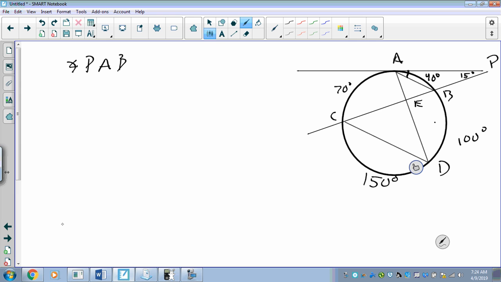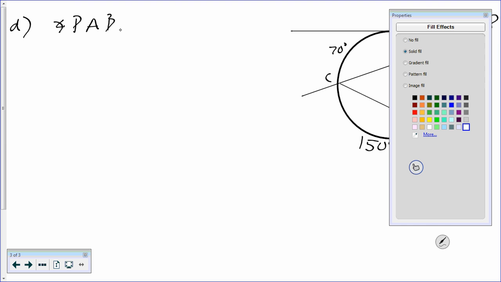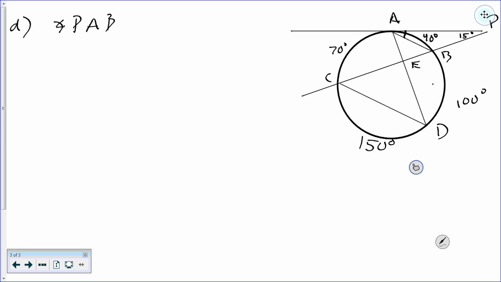All right, so we're finding PAB. I believe this is part B, question B. So PAB is equal to 1/2 of the intercepted arc, okay? So PAB is 1/2 of arc AB.